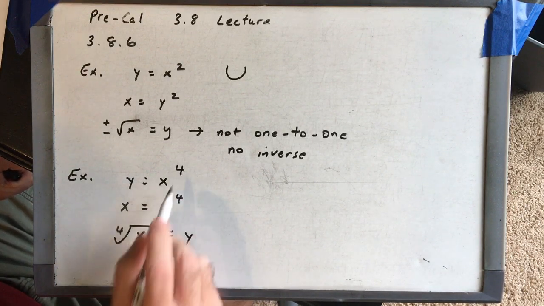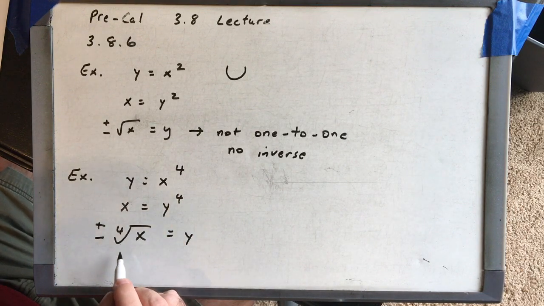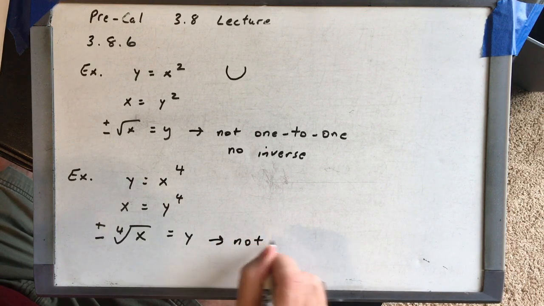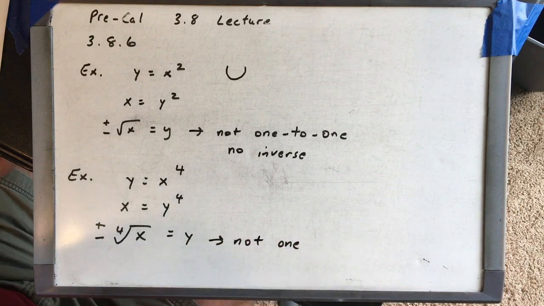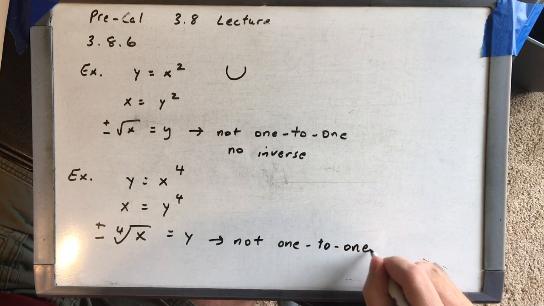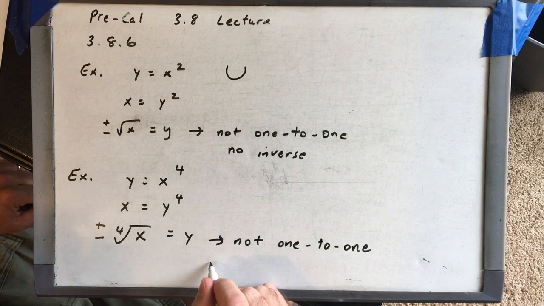But anytime it's an even exponent, you're going to have a plus or minus when you take a root. Okay, so this is not one-to-one. So no inverse.